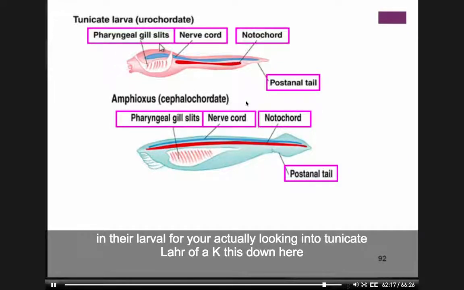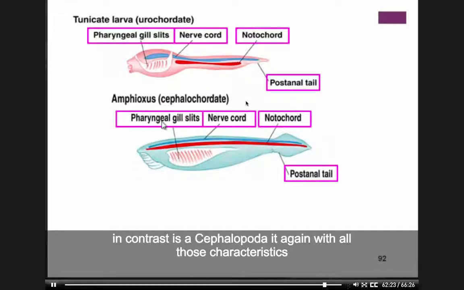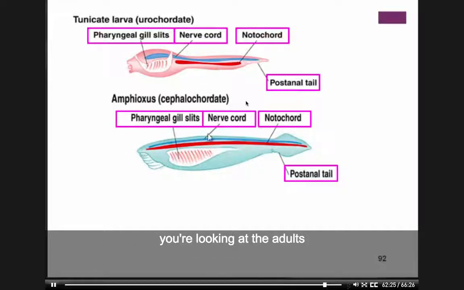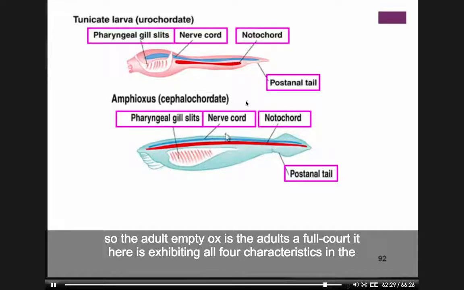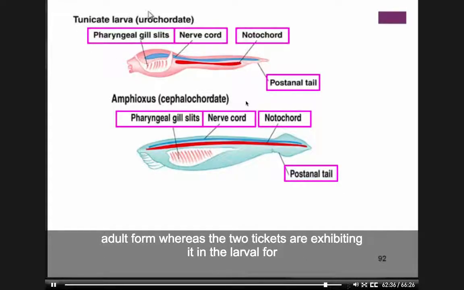You're actually looking at a tunicate larvae. Okay? This down here, in contrast, is a cephalochordate. Again, with all those characteristics, you're looking at the adult. So the adult Amphioxus, the adult cephalochordate here, is exhibiting all 4 characteristics in the adult form, whereas the tunicates are exhibiting it in the larval form.